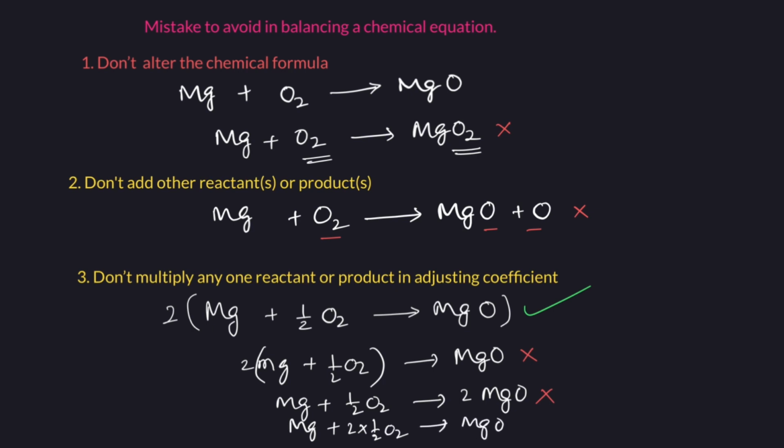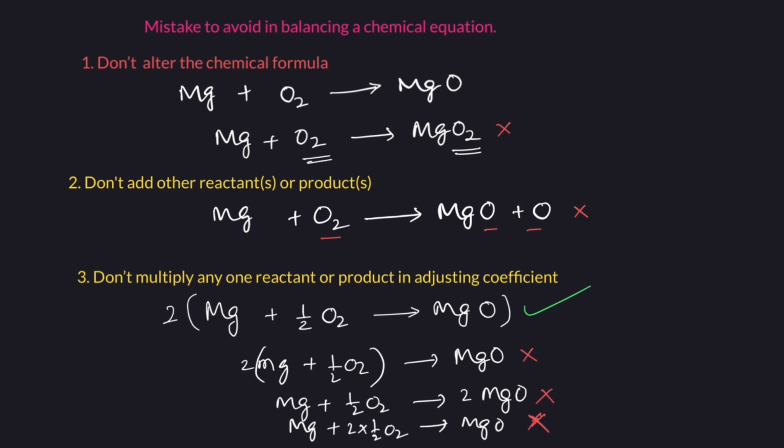This is also not acceptable. Only reactants multiplied, or only products multiplied, or any one of the reactants or any one of the products multiplied is not acceptable. The whole equation should be multiplied. That is the correct balancing of the chemical equation. So this is the simplest method to balance the chemical equation.